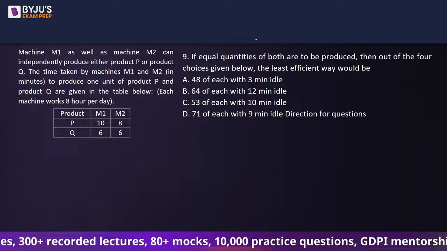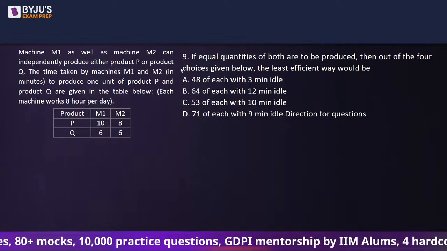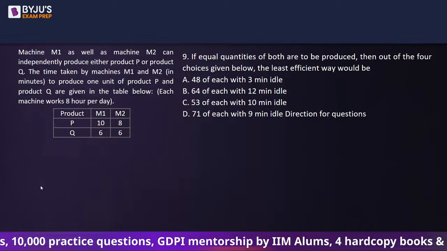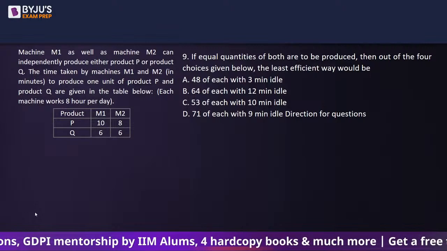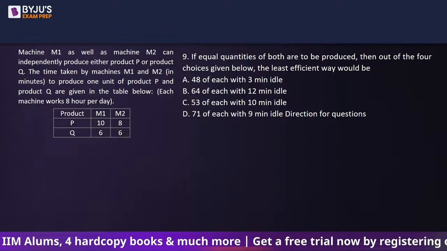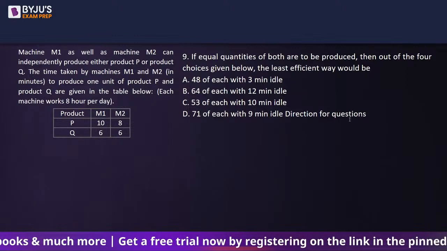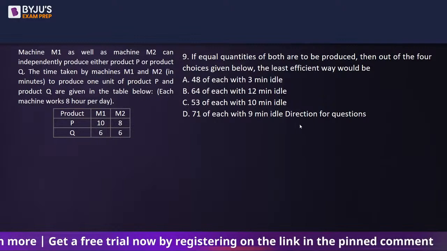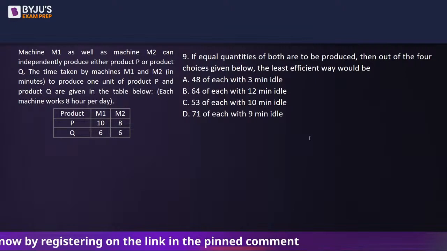Okay, next question. If equal quantities of both are to be produced, then out of the 4 choices given below, the least efficient way would be. Least efficient way. Oh, this came here by mistake. Least efficient way.